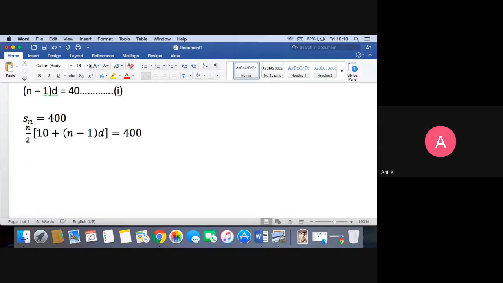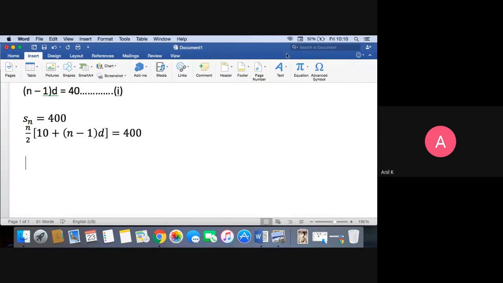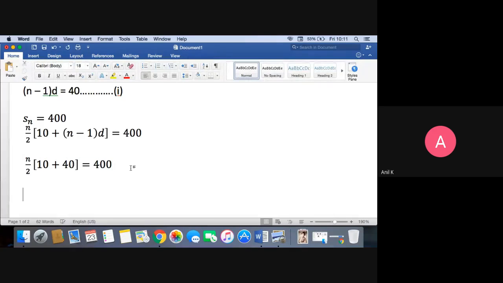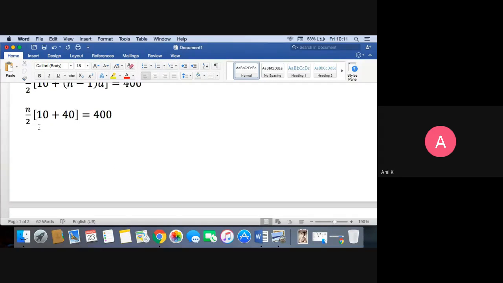So what you get here is n upon 2 into, 10 will remain as it is, plus in place of (n minus 1) into d I'll replace this value as 40. That comes from equation 1, which is equal to 400.